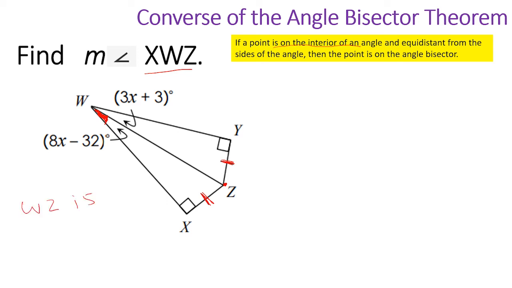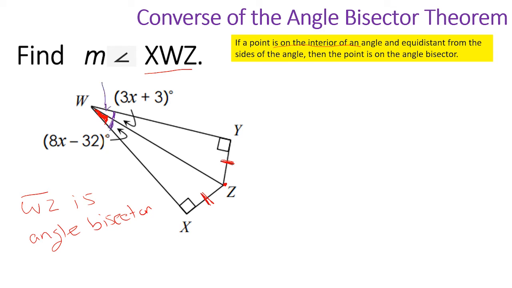is an angle bisector. All right, so since WZ is an angle bisector, that would mean that these two angles, XWZ and YWZ, are congruent. These two angles right here would be congruent.